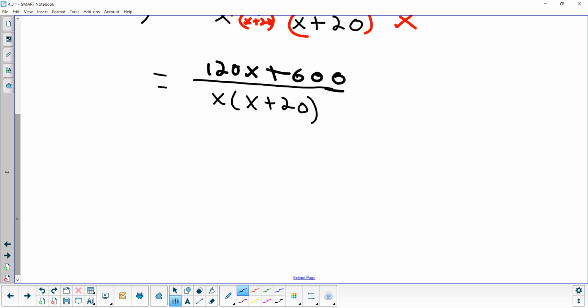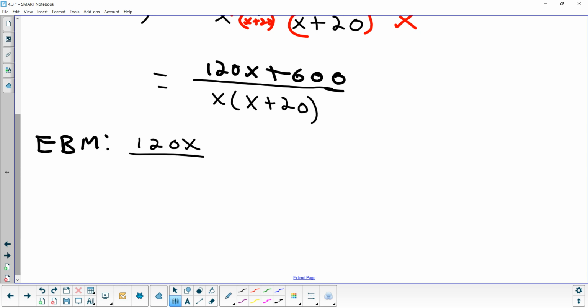All right, let's do the EBM first. Remember, EBM is the highest degree term in the top divided by the highest degree term in the bottom. How about Ethan, what's the highest degree term in the top? 120x. Yep, 120x. And now you have to be a little careful with this one.